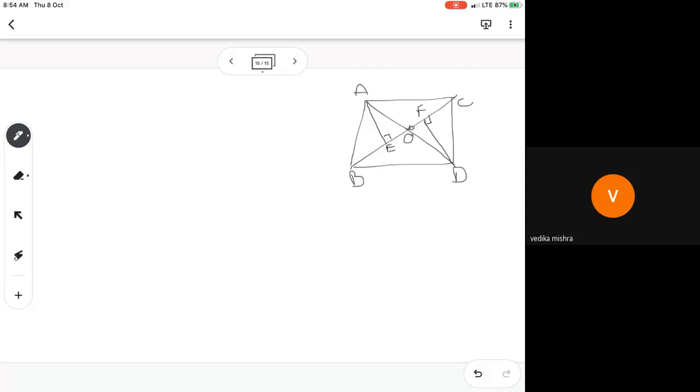Okay, and we have drawn perpendiculars. So for this question you have to write here: draw AE perpendicular to BC and DF perpendicular to BC. So we have drawn the perpendiculars.